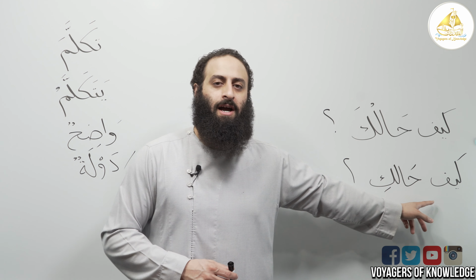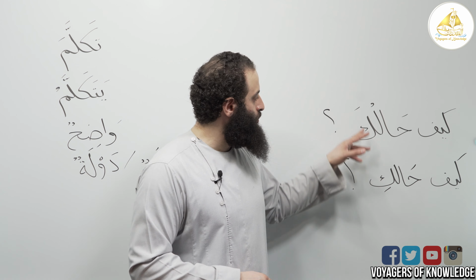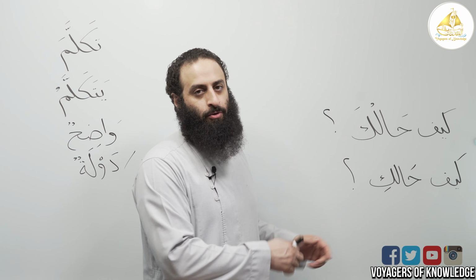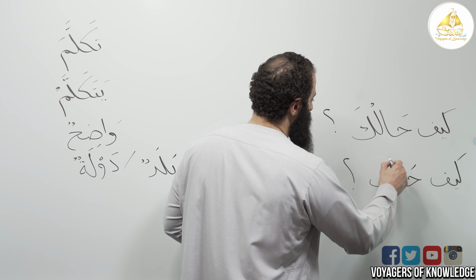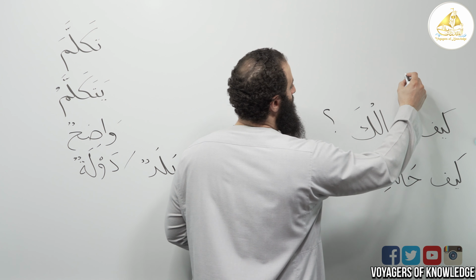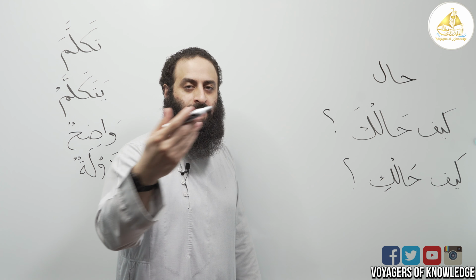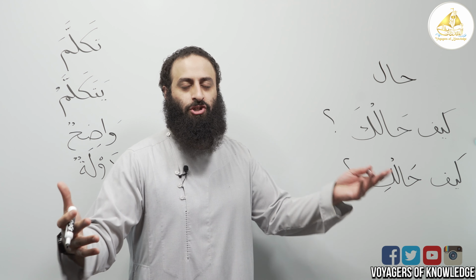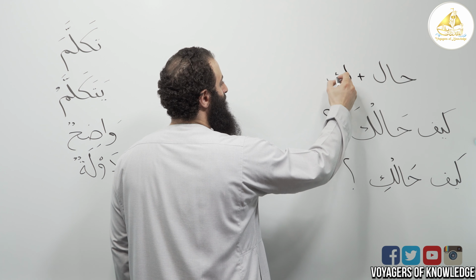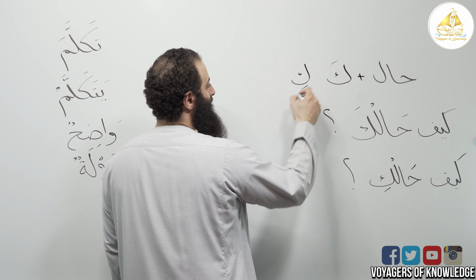But because I need you to know the difference, I constantly make the sound there. The word hal, and we broke this down before, it means side. It means like position or status as well.